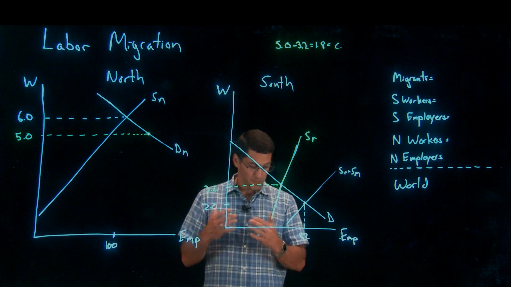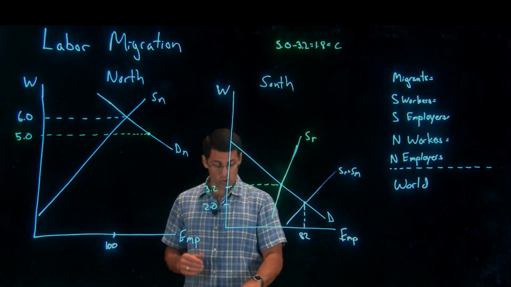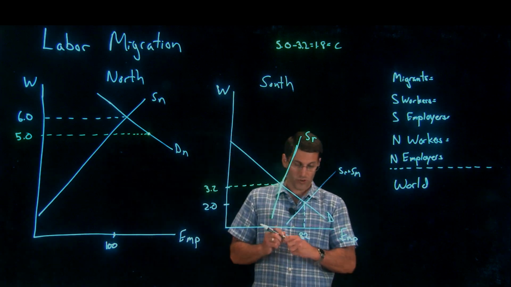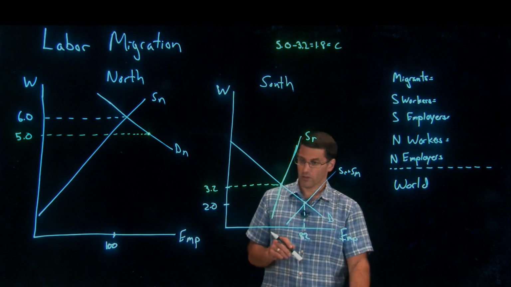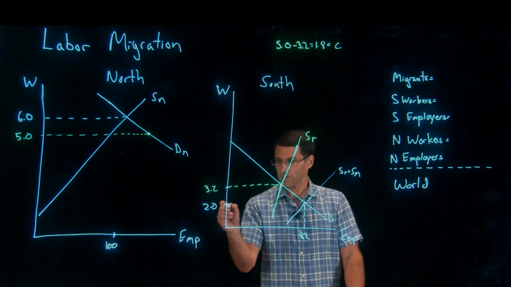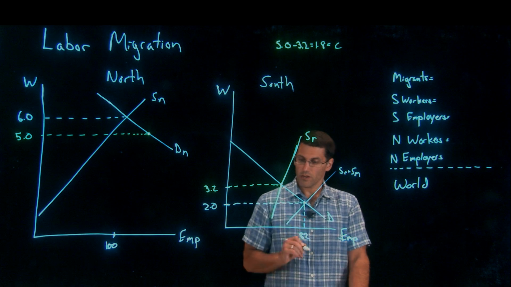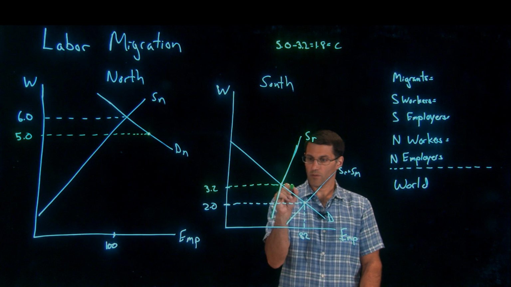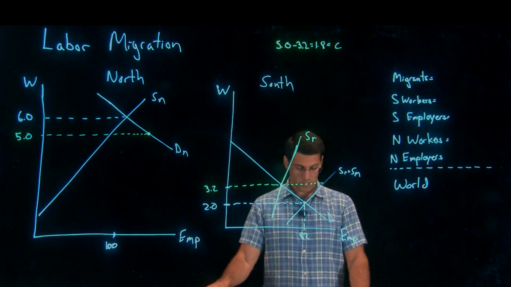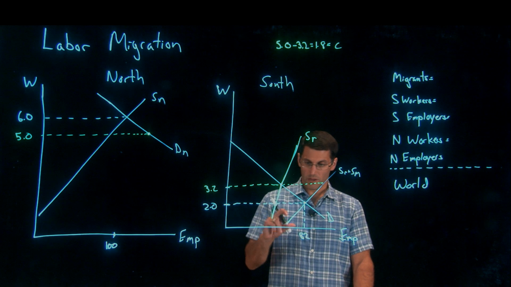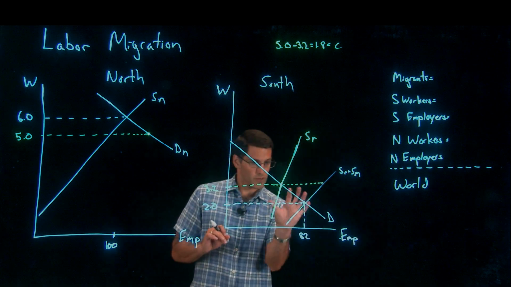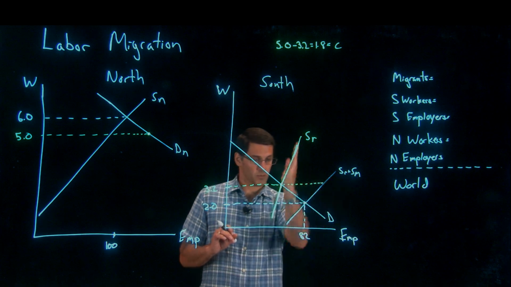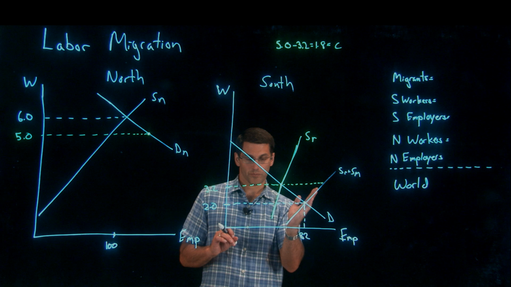How do we track the changes in surplus for all the different groups? Well, let's start off with the migrants. As we said, we're tracking them in this graph. We want to ask the question, what's the change in their welfare? The supply of the migrants gives us the difference between these two supply curves.